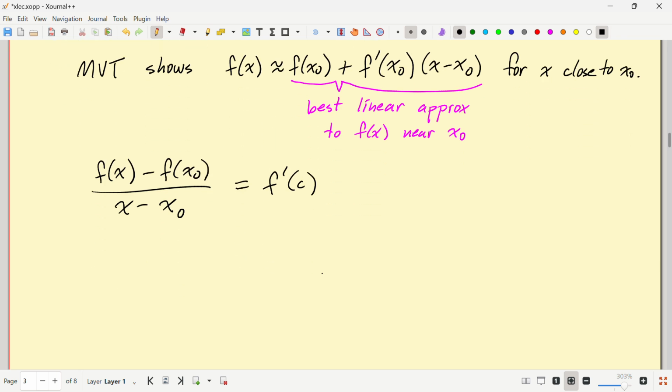So if I solve this, it gives me an equality: f(x) equals f(x naught) plus f prime of c.